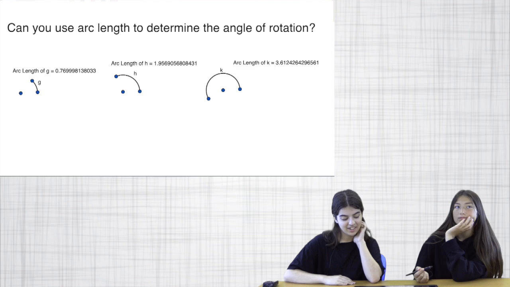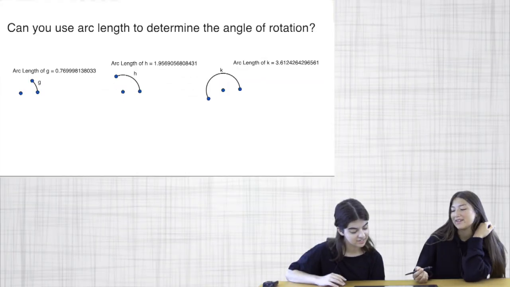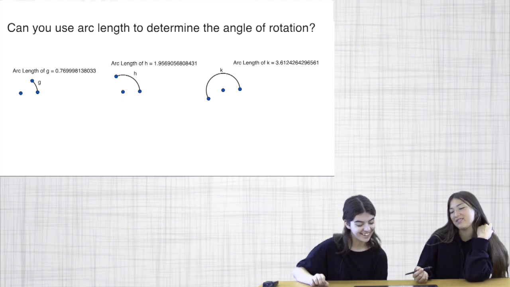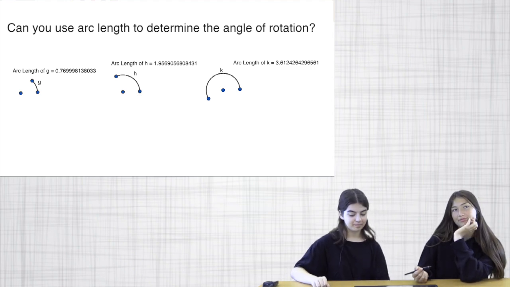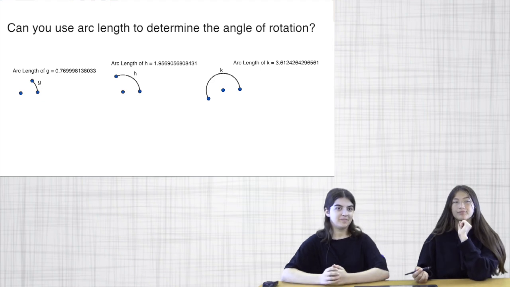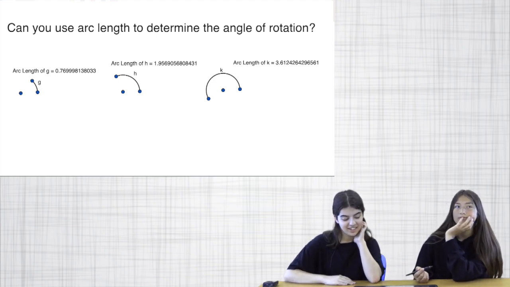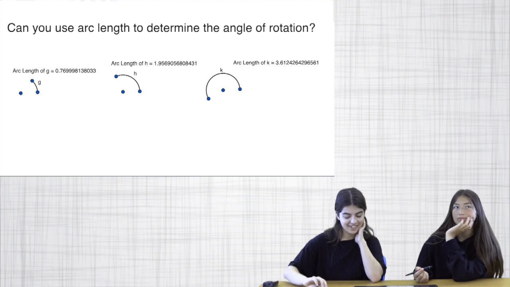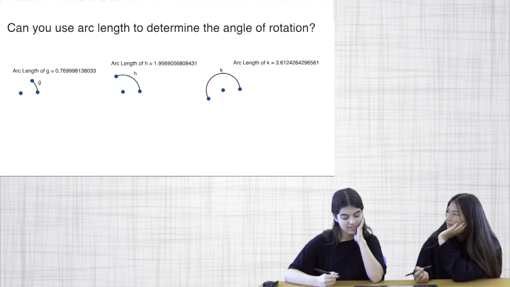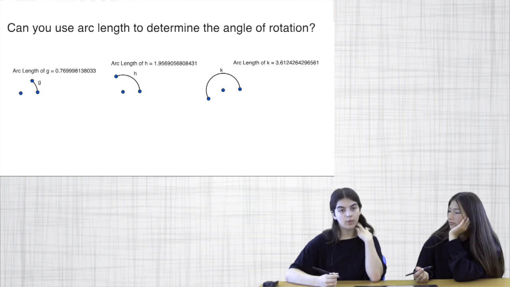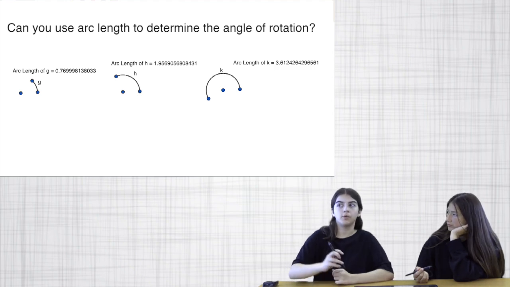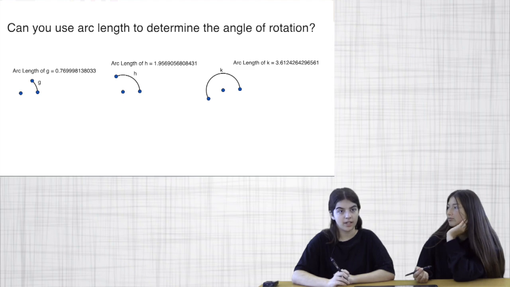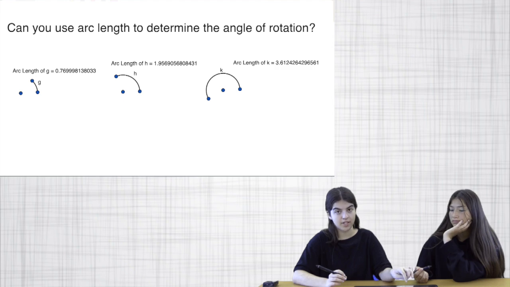angle of rotation. I want to hear what you're thinking because I still don't understand. Okay. So you said that you had this thinking, Claire, and you thought maybe that might change your thinking about the first question. Yeah. Because when we calculated just now with the last question that we did, we were able to calculate the degree of the turn after we figured out the fraction of the circumference that we traveled.